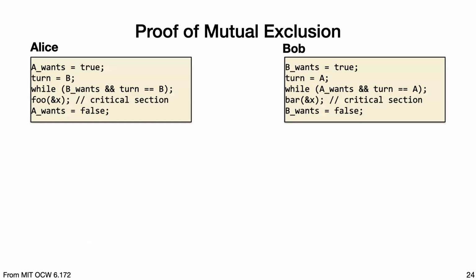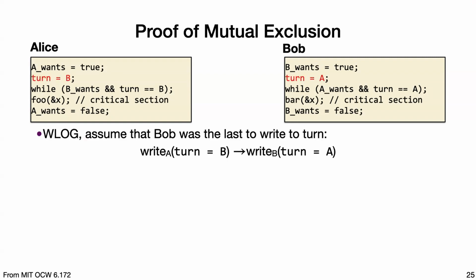So this is the algorithm. And the way the proofs work with sequential consistency is that you find chains of operations using happens before, then you compose the chains, and then you try to prove something about them. So the first step is, without loss of generality, assume that Bob was the last one to write the turn.